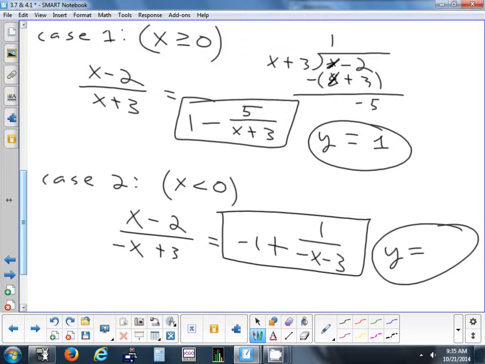How about the bottom equation? In the top case, x could get really, really big in the positive direction. Case 2 is when x gets really, really big in the negative direction, less than 0. So what happens if you plug in a really big negative number for x, like negative 1,000,000?